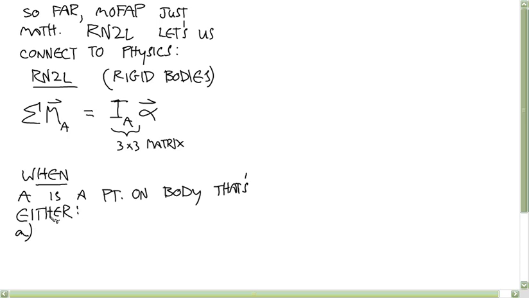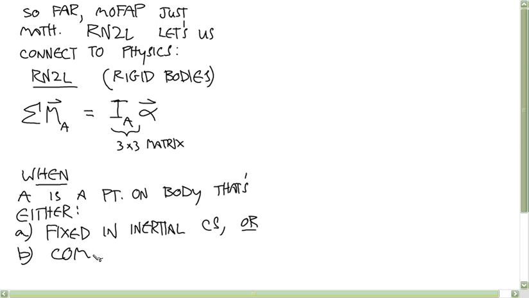Either that point on the body is fixed in your coordinate system, so you're at like a hinge of some kind, okay? So fixed in some inertial reference frame, or it's the center of mass of the body, okay?